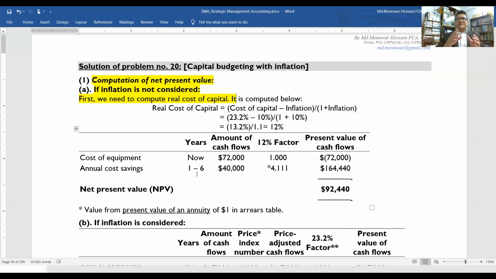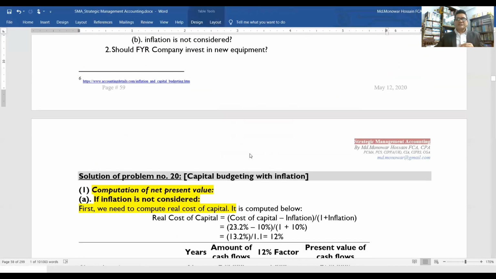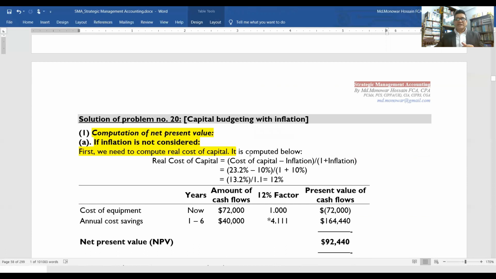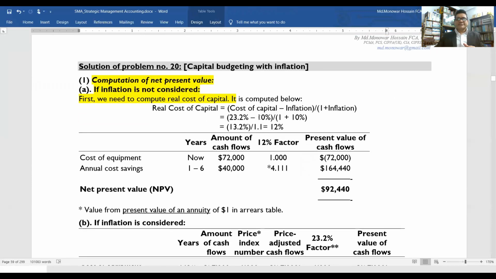The cost of capital is 23.2%, minus the expected inflation rate of 10% given in the question, divided by 1 plus inflation. So here the real cost of capital is 12%.